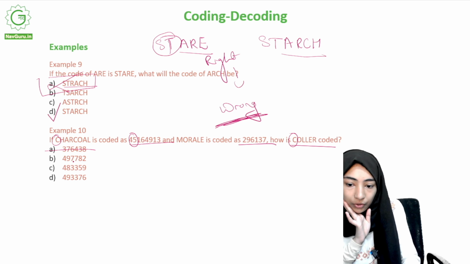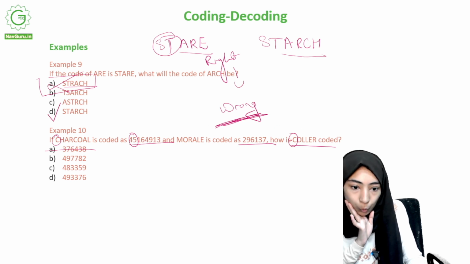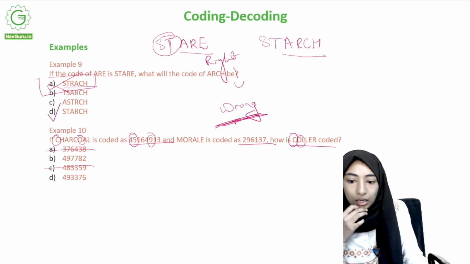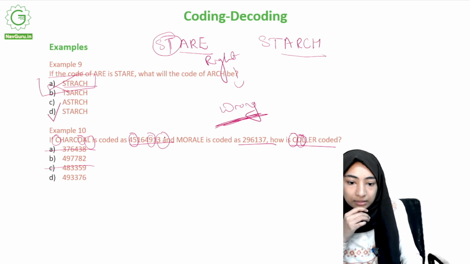So this one you can rule it out. O is the second letter here. O is the 1, 2, 3, 4, 5, 6th letter here. So that's a 1, 2, 3, 4, 5. 6th number is N. 4, 9. You can rule this out, right? These are the two options with 4 and 9. L. L is the last letter. It becomes a 3. So the third letter is the third number is 3. You've gotten it. That's it, you're done.